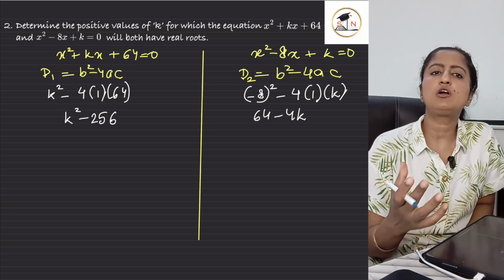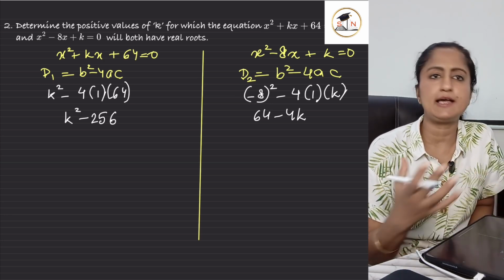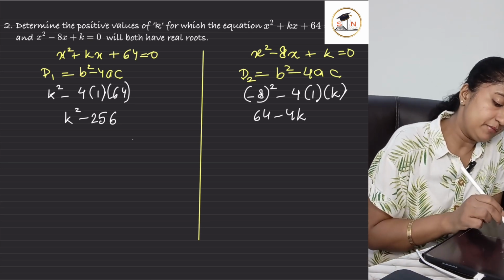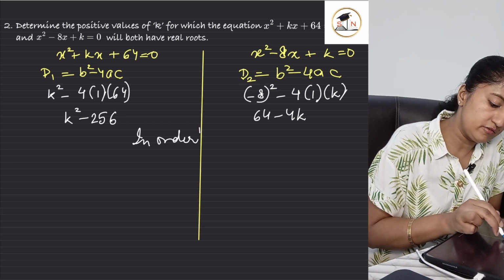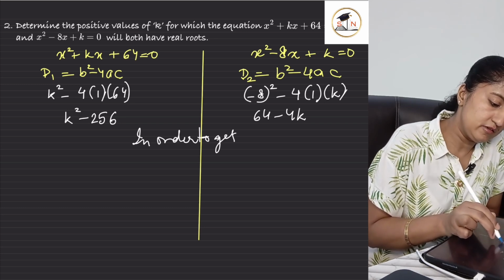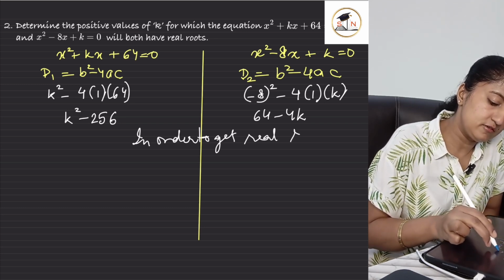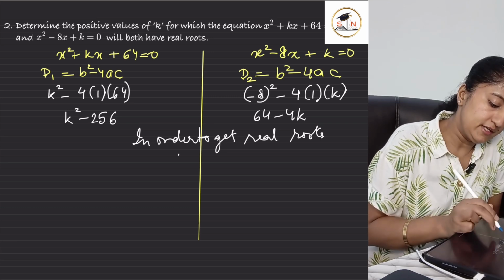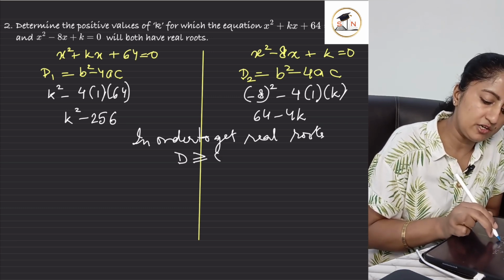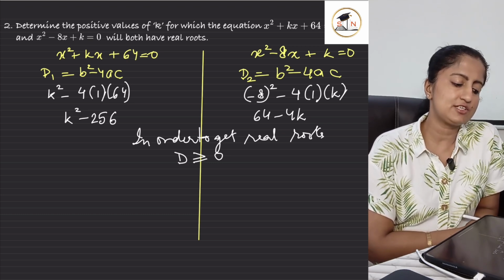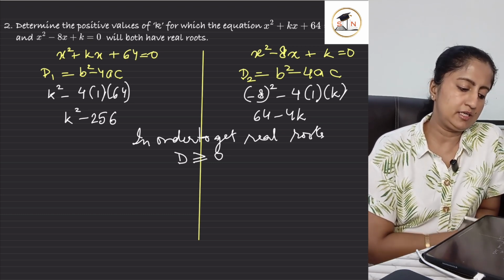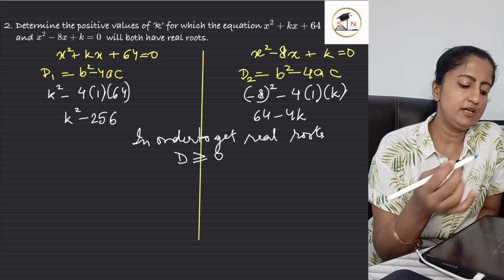Now, we have got two expressions on LHS as well as on RHS. We are being told that in order to get real roots, D is supposed to be greater than or equals to 0, right? Because we have to find the value of k such that the quadratic equations have real roots.